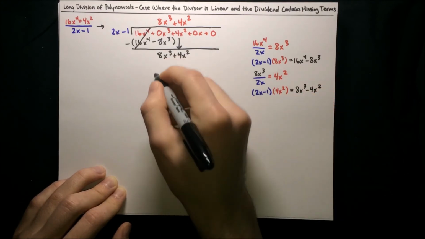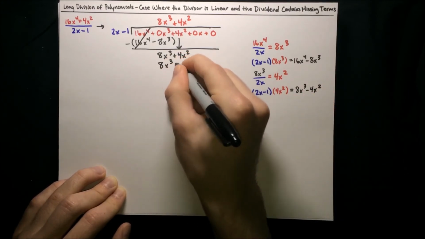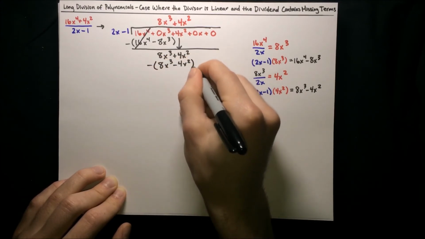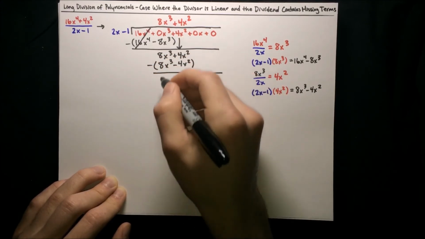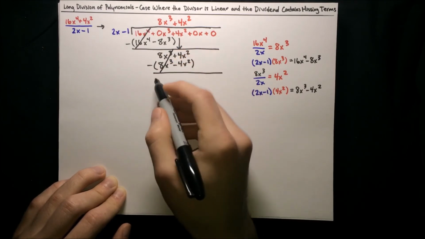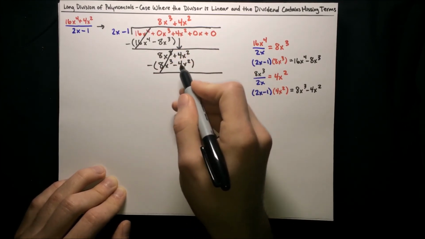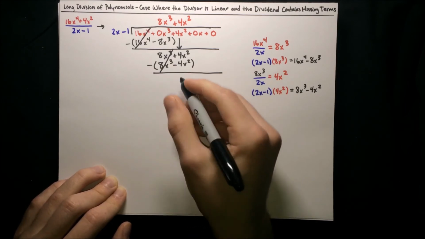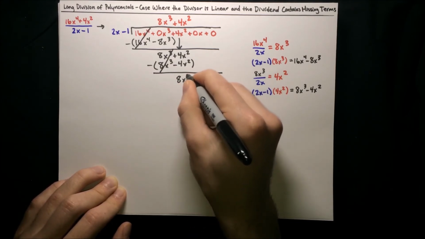And our result then when we multiply is just 8x to the third minus 4x squared. So we'll put that under here, 8x to the third minus 4x squared, and we're subtracting that. And when we subtract that, our 8x to the third minus 8x to the third cancels. Good, that's what we want. And 4x squared minus negative 4x squared is really just 4x squared plus 4x squared, so 8x squared.